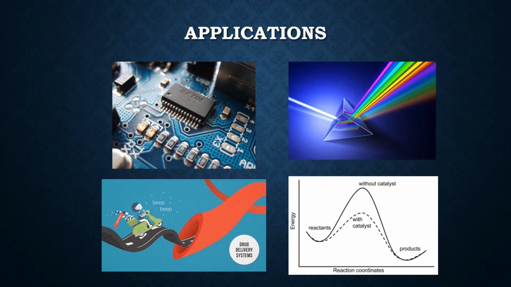Because the surface plasmon resonance is altered, these features can be applied in so many applications, such as electronics, optics, catalysis, and drug delivery, and so many other real-life applications in the medical field as well.